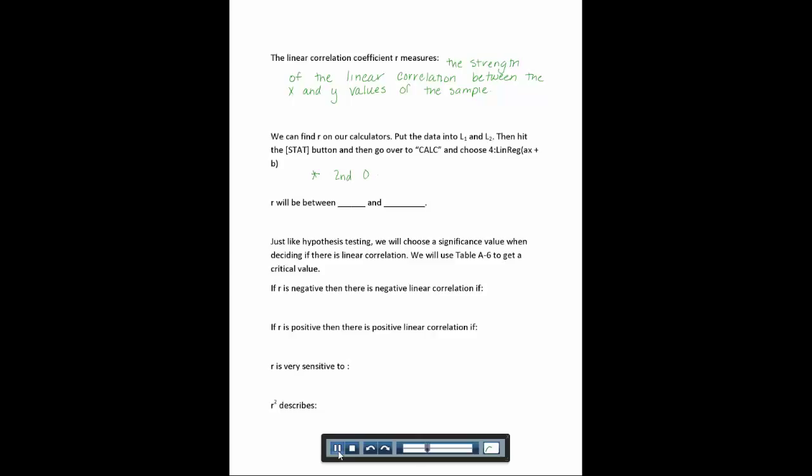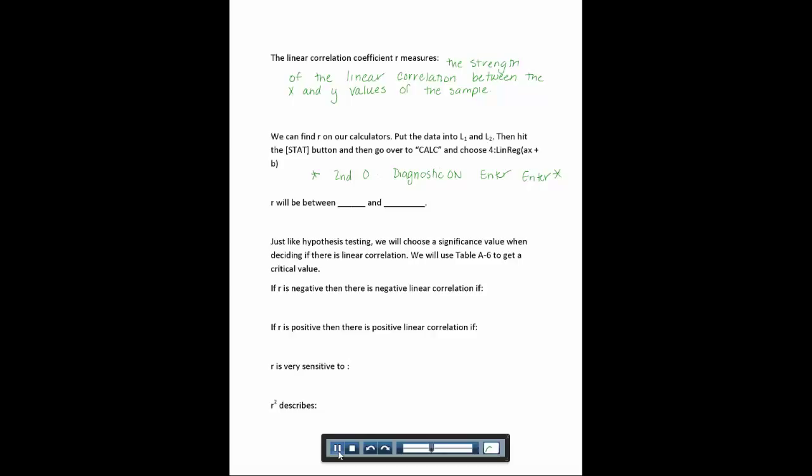Scroll down to where it says DiagnosticOn, and then hit Enter. It'll take that to the home screen, and you'll hit Enter again. It's just going to run a little program in the background, and then you'll get the R value. So if it's not working the first time you try it, try doing that on your calculator. You won't need to do that every time, just the first time.